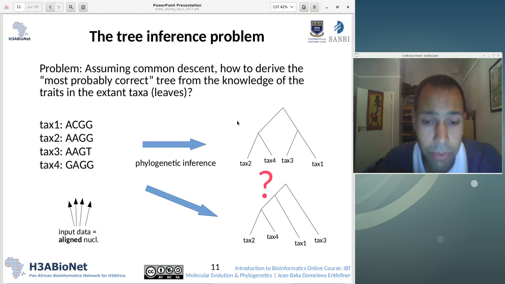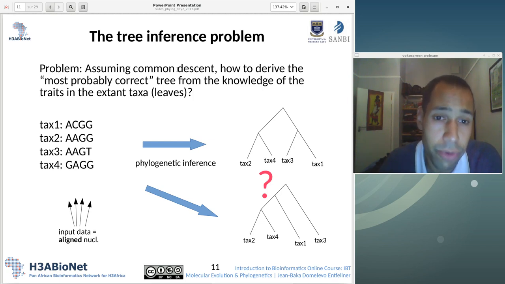The tree inference problem is the core problem of phylogenetics. If we assume common descent, the classical theory of evolution, or let's say the trend of thought initiated by Darwin, how do we derive the most probably correct tree from the knowledge of the traits in the extant taxa?